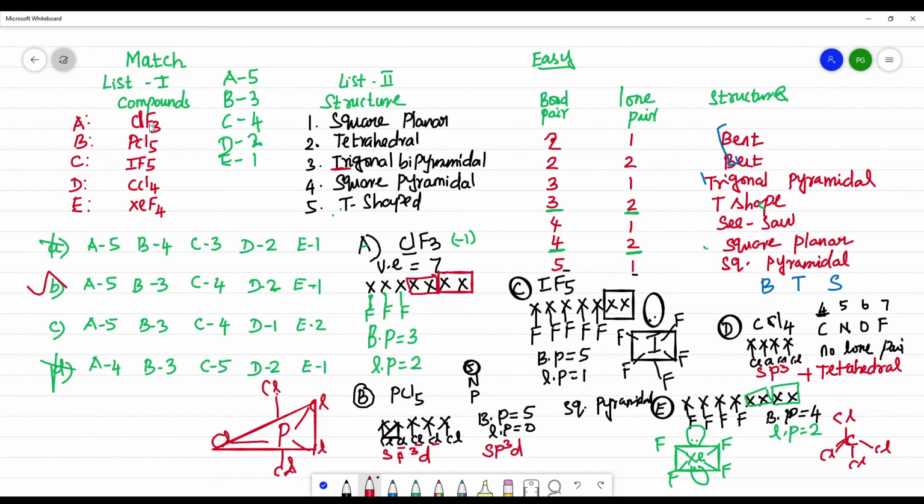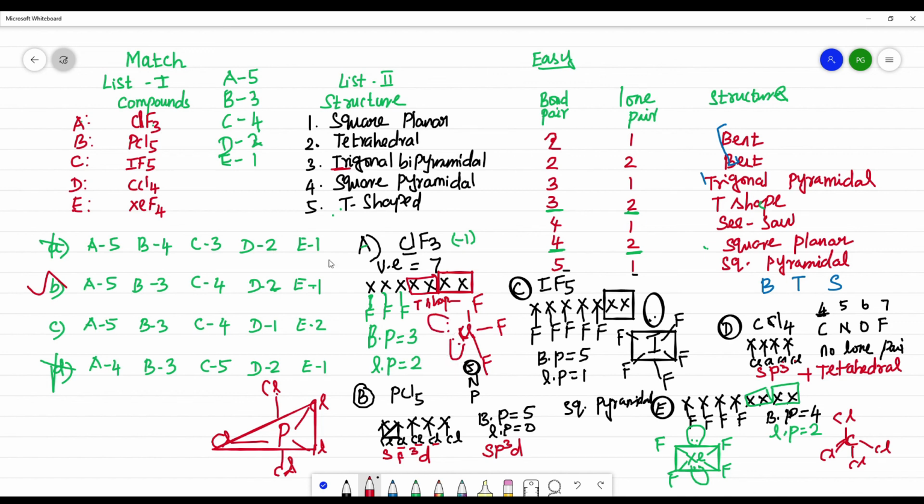That means ClF3 is having T shape. It is T shape. Cl, F, F and here it is F, and you will be having 2 lone pair of electrons.